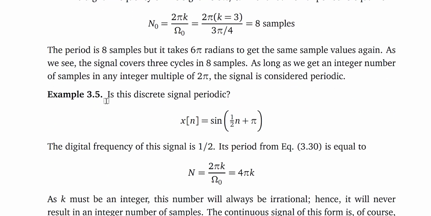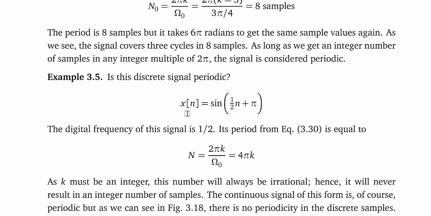Okay, now here's another signal. This is a discrete signal, and we want to know if it's periodic. So we say the digital frequency of the signal is 1/2. So its period, from the equation that I showed you, 2 pi k over omega 0, comes out to be 4 pi k. Now, the problem is that n needs to be an integer, and there is no k that can make this number an integer.